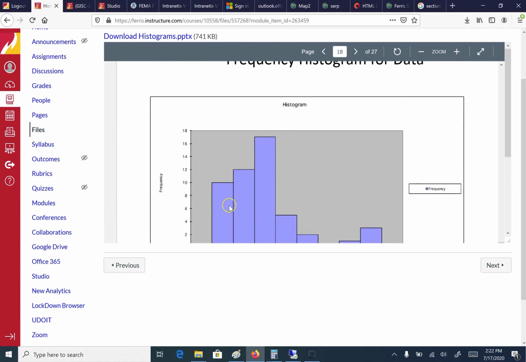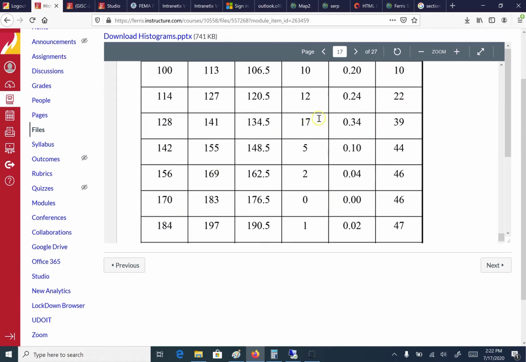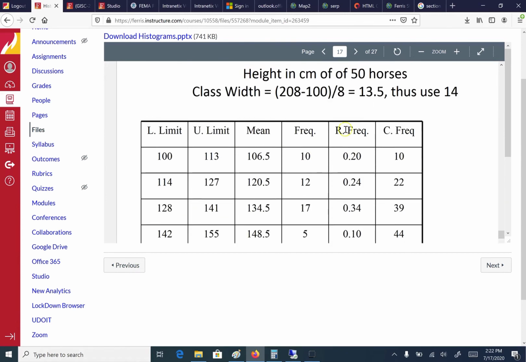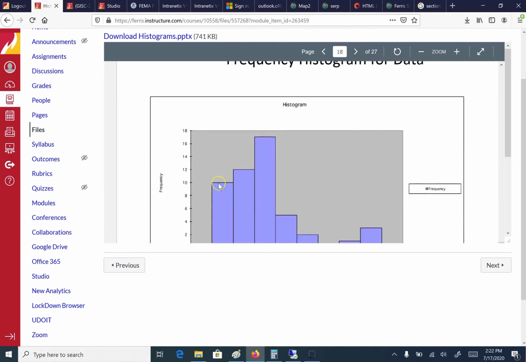And the relative frequency histogram has exactly the same shape, but instead of the number of occurrences, we get the percentage of occurrences. So this would be 20, 24, and 34%.